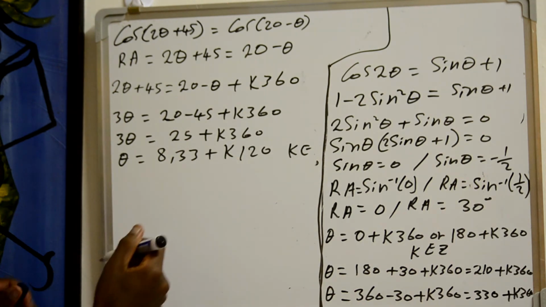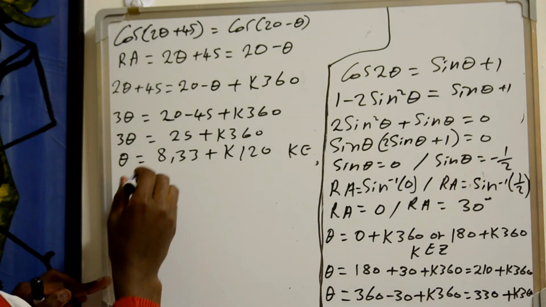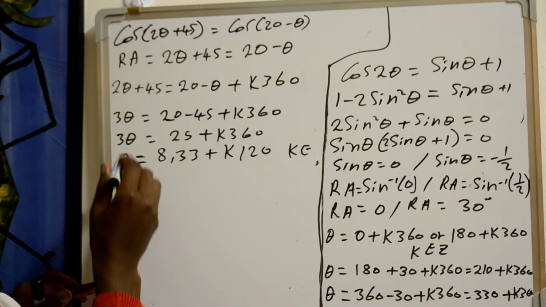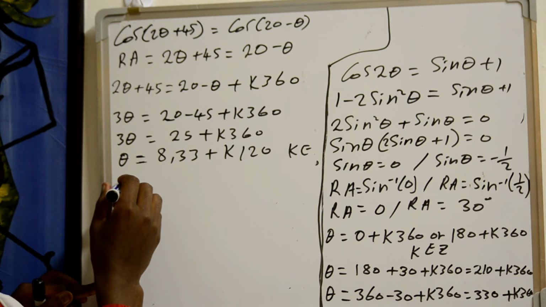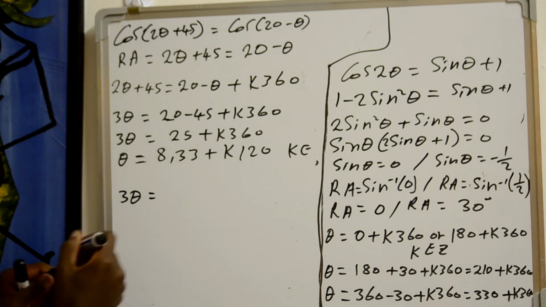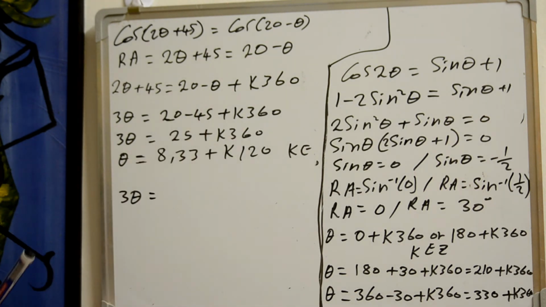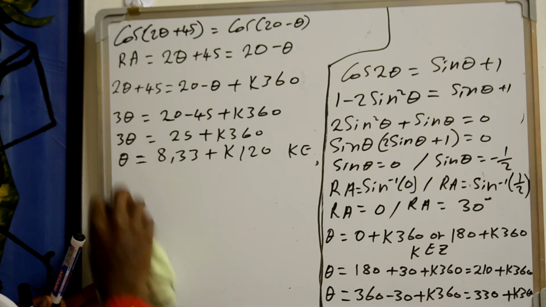Now we go to the fourth quadrant, because we have positive and negative. So for the fourth quadrant, where cos is positive with a negative angle, sorry, I made a mistake here.